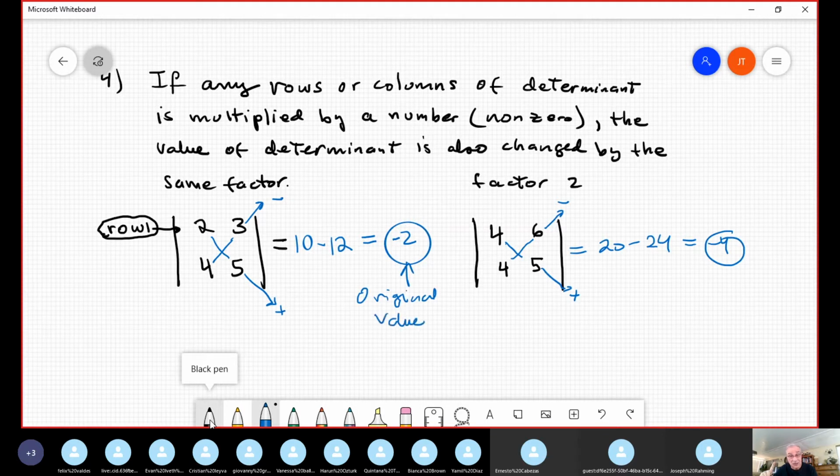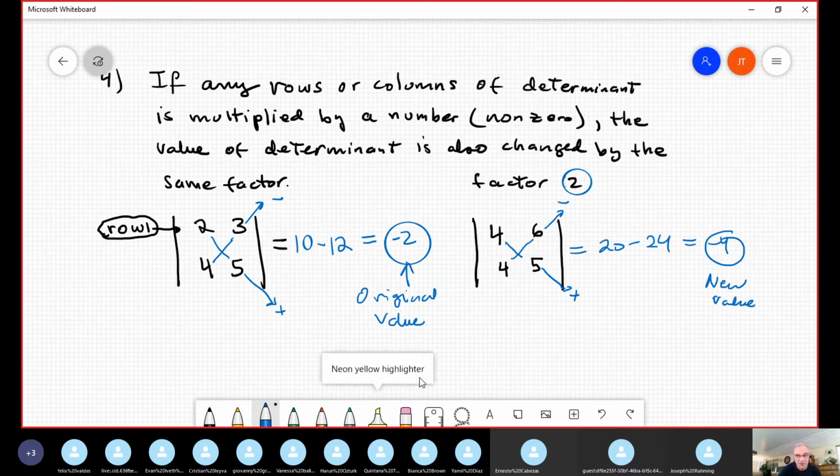When you multiply only one row, okay, I select row 1, but I can select row 2, or I can select column 1 or column 2. Only one. So you multiply by 2 and by 2 again. But if you multiply only one row or only one column by the factor 2, the new value of the determinant is also multiplied by the same factor.